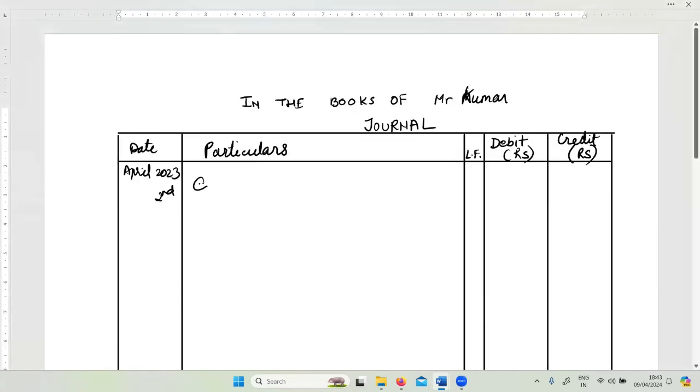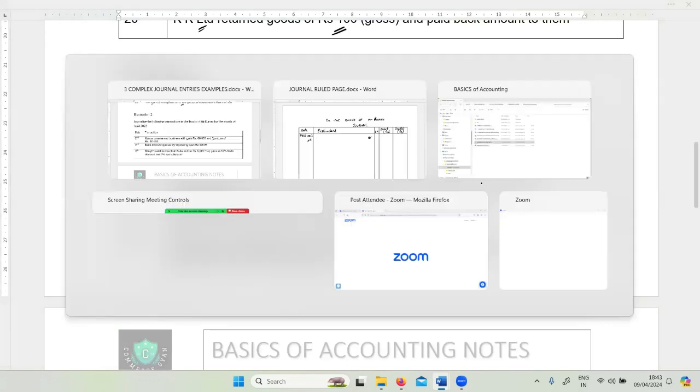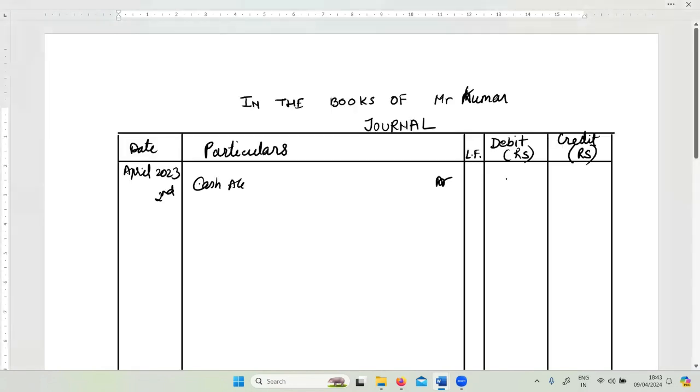Cash is coming into the business. Cash account debit. Amount of cash is 80,000. Furniture account, furniture is also coming into the business. So furniture account debit. Amount is 30,000. And to Kumar's capital account.